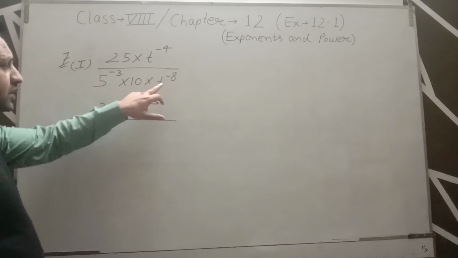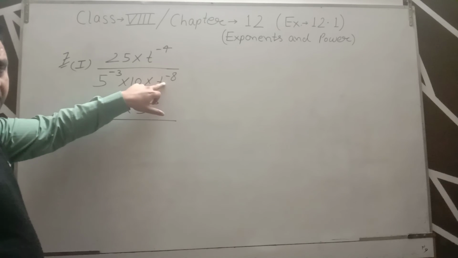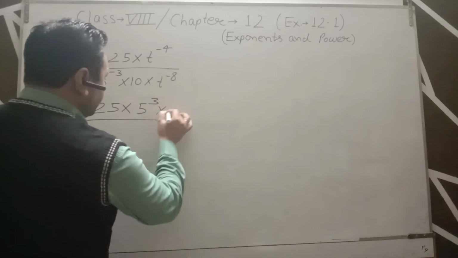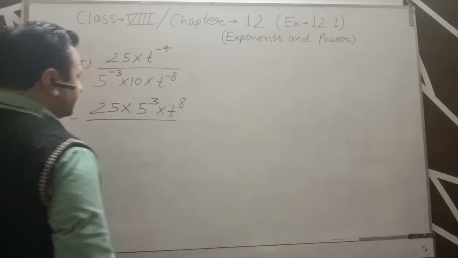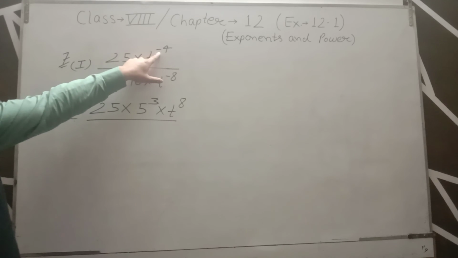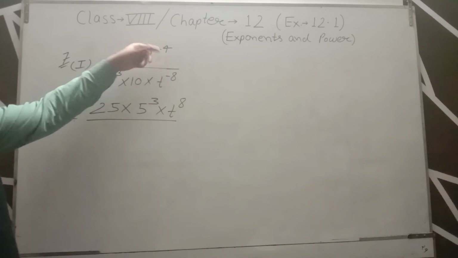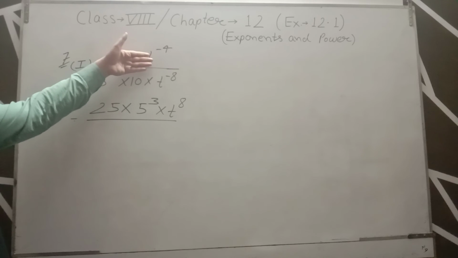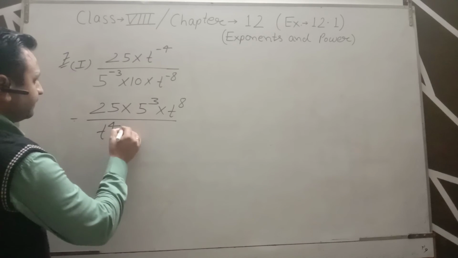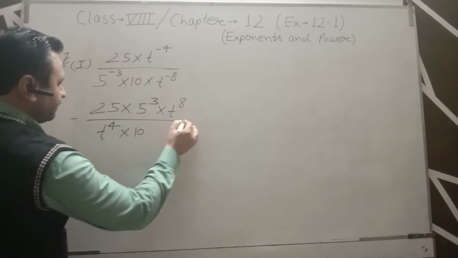Similarly t raised to the power -8, it in denominator we just note down it in numerator and power positive. Similarly t raised to the power -4, it is in numerator, we just note down it from numerator to denominator and power in positive. Multiply by 10.